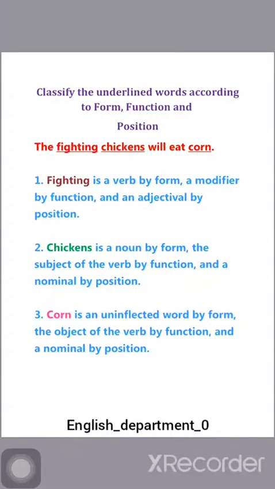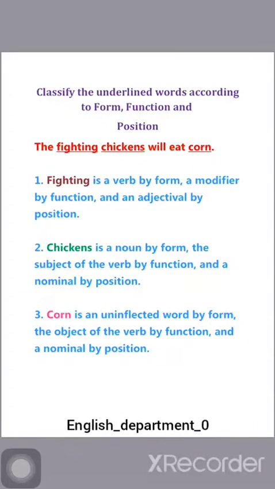So in this case we are going to state that fighting is adjectival by position. Why is that? Because it occurs in a position which is that of the adjective. We said this earlier. Where can we see an adjective? Directly before a noun. So it occurs in a position just before a noun, so it is a modifier by function, adjectival by position. Okay, this is the word fighting.